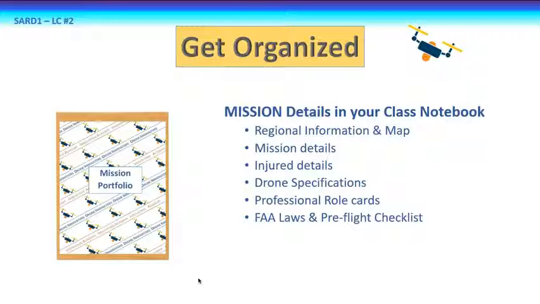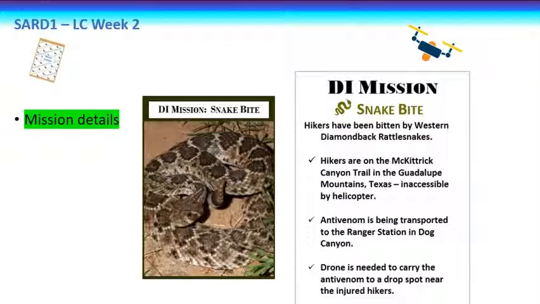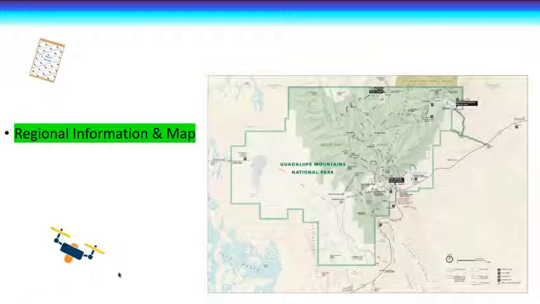There are pages about our mission. So there's maps, mission details, injured details, drone specifications, our professional role cards, and FAA laws. So you will find mission details, and we talked about it a little bit last week, and you saw the video about our hikers that have been bitten by rattlesnakes.